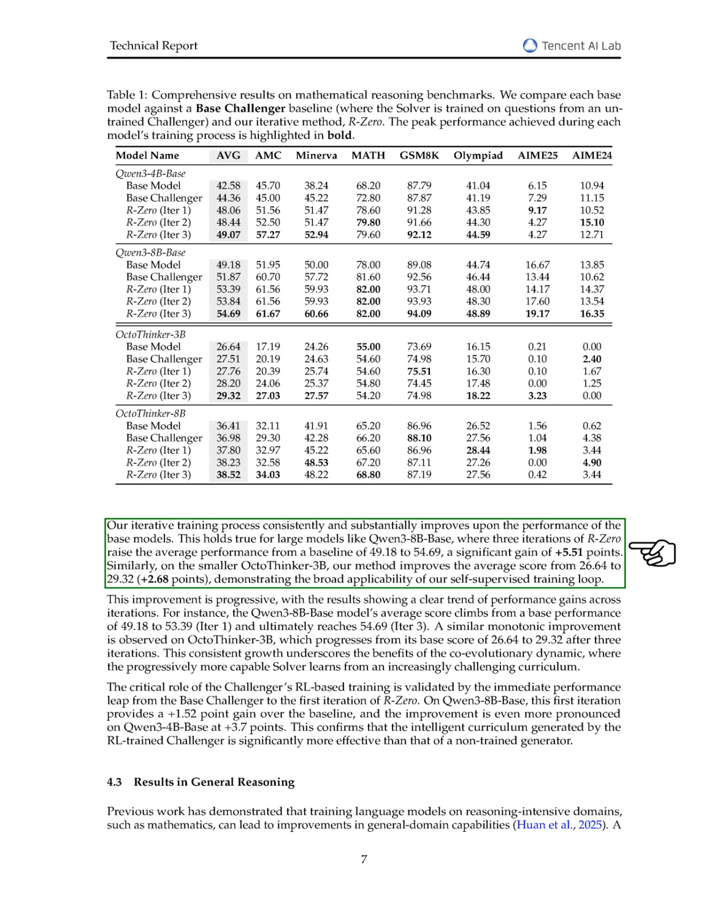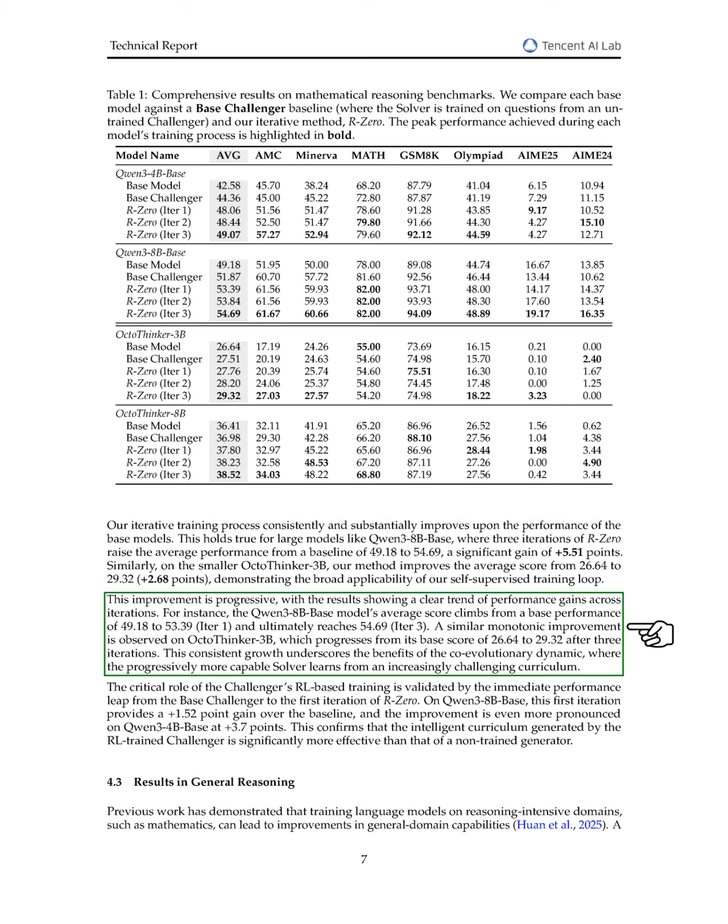Similarly, the OctoThinker-3B model improves from 26.64 to 29.32, showing the effectiveness of our self-supervised training loop. The results indicate a clear trend of improvement across iterations, highlighting the benefits of our co-evolutionary approach.